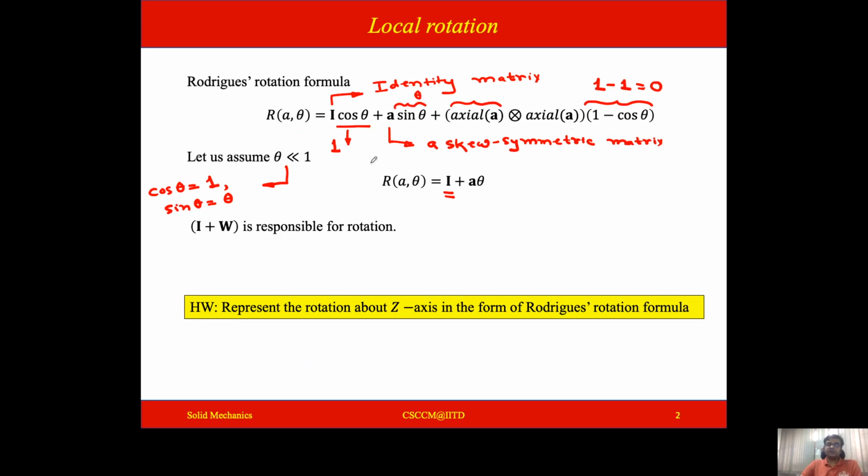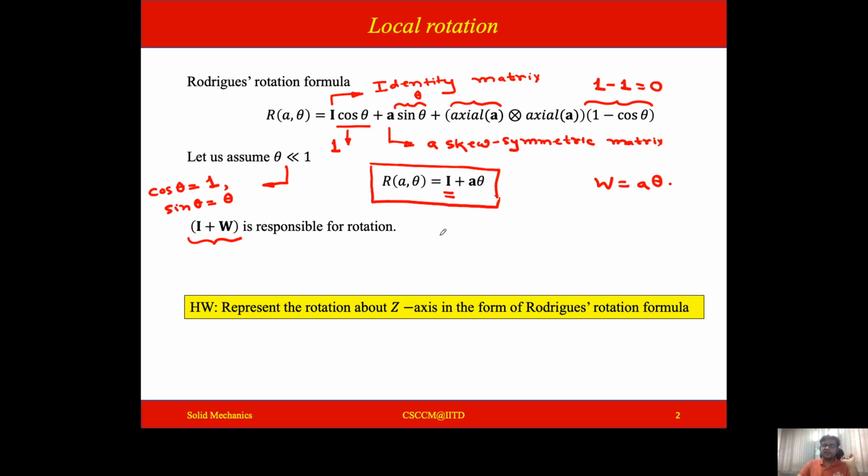So you get the final result, which looks like this. Clearly this is of a similar form as in our strain case, which is I plus W. So basically you can write that W is equal to A theta. And that is what we did.